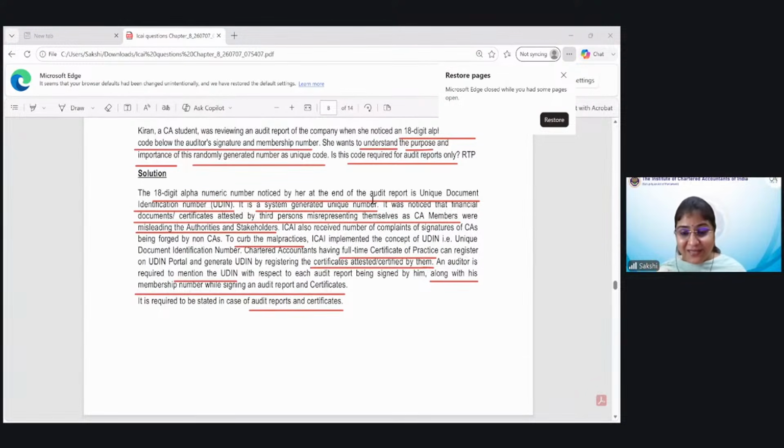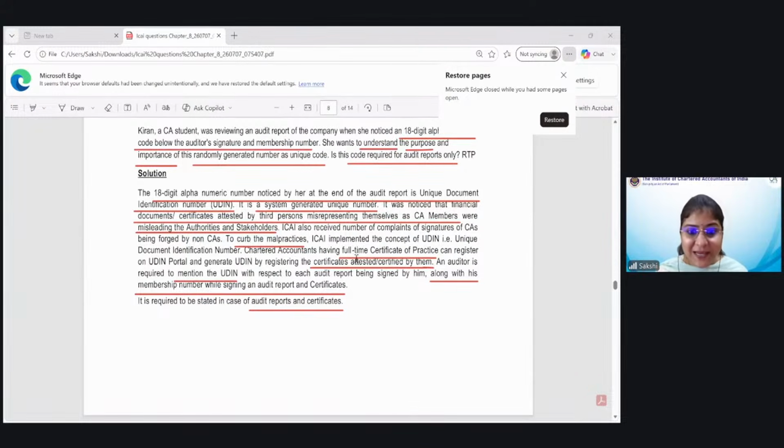Because if you are a CA, the ICAI portal will automatically generate a UDIN for you, only if you are a registered member there. You put your login ID and your password, or your details will be fetched. It will automatically tell you whether you are a firm, whether you are an individual, what your profile is, and then the entire page will come in front of you.